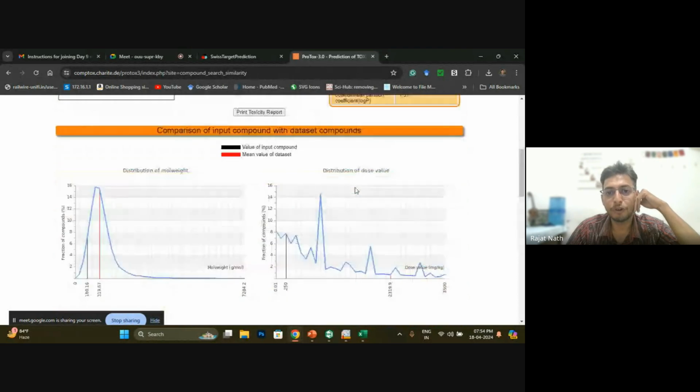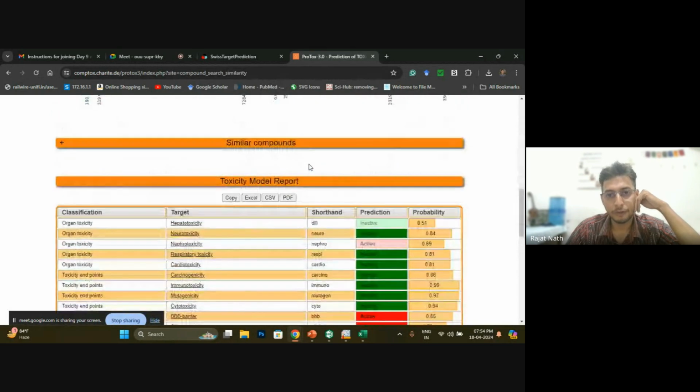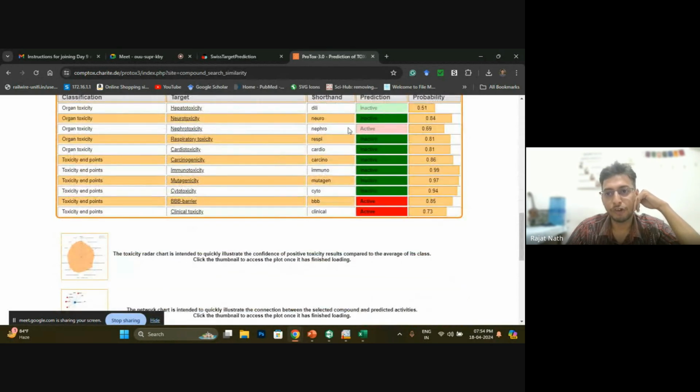You can't go beyond this particular dose with your compound. So first of all, you see how much dose is required to cure your disease, and whether this dose is showing any nephrotoxicity or not. By that you can predict whether your compound has any toxicity or not.